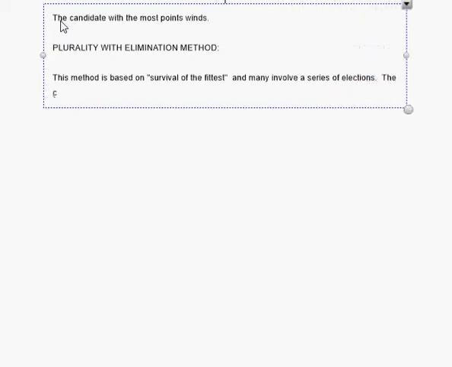The candidate with the majority of first place votes is the winner.